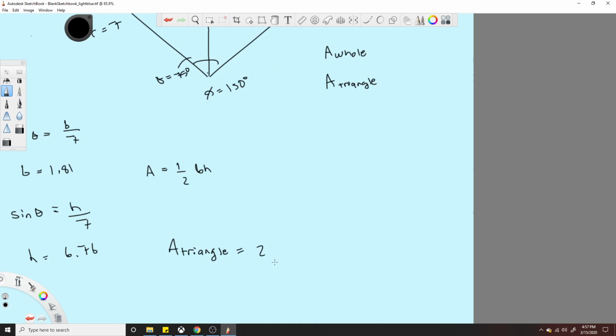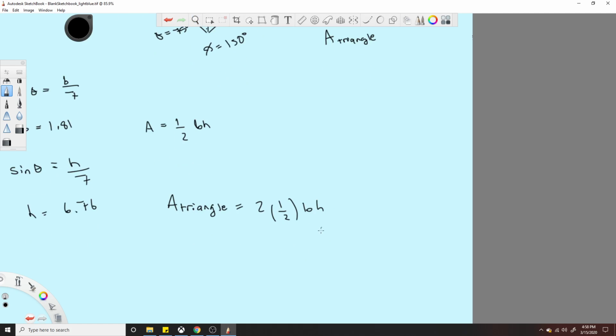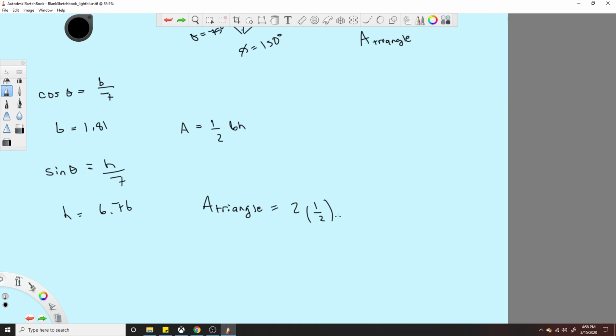So that would be 1/2 base times height, right? And I'll plug in the base and the height, which would be 1/2, 1.81, 6.76. These 2's will cancel, and you'll just have this multiplication here. And there you go. You have the area of your big triangle. And that area is 12.24.